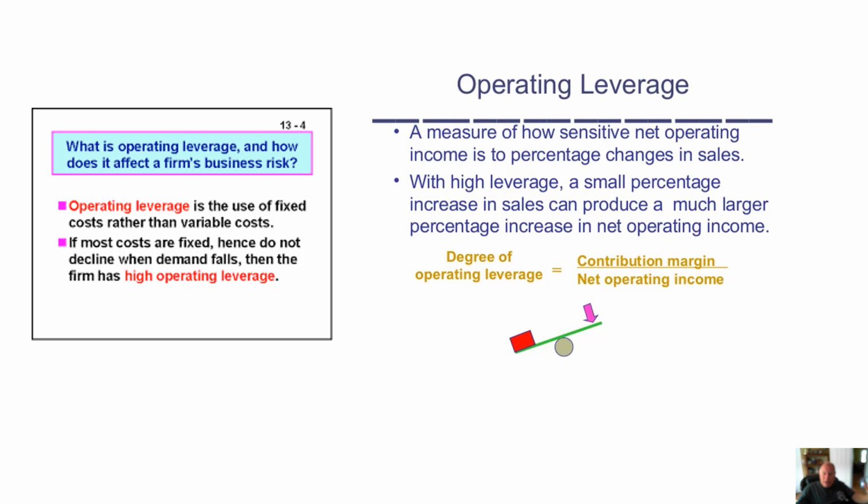But on the other hand, if it is highly leveraged, a small percentage increase in sales can produce a much larger percentage increase in net operating income. It goes both ways, and it's a balance. Remember, it's a function of the numerator and the denominator. So we really want to say how sensitive net operating income is as a percentage of change in sales.